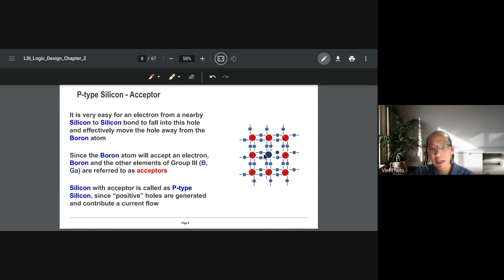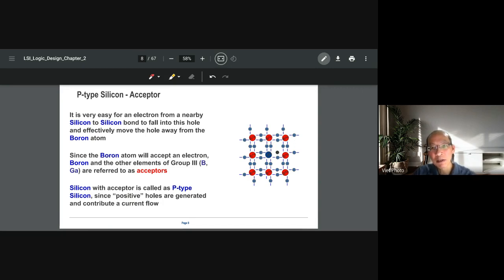So in the crystal there is no redundant electron, so the crystal is supposed to be non-conductive. That's why we have silicon.